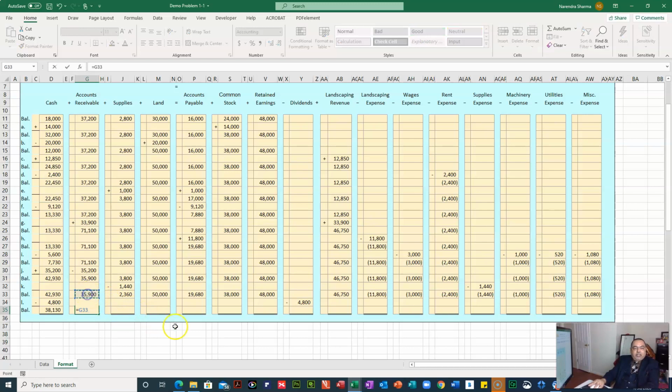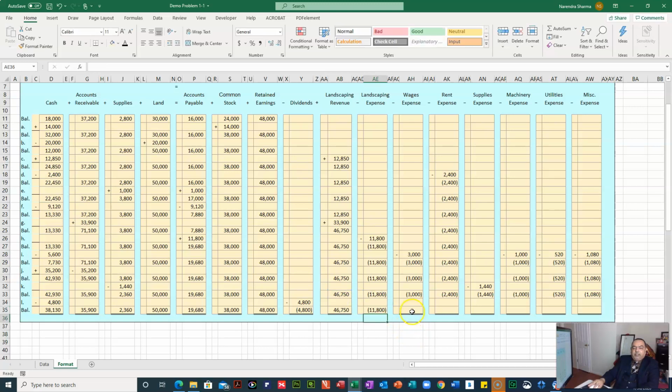In fact, accounts receivable is 35,900. Supplies will be 2,630. Land will be 50,000. Accounts payable will be 19,680. Common stock will be 38,000. 48,000 will be retained earnings, and this is going to be minus 4,800, and this is the same 46,750.